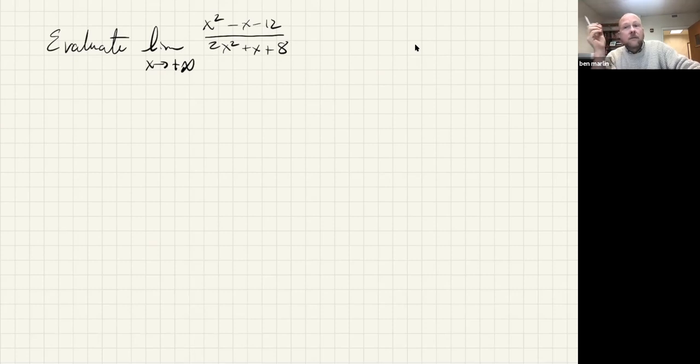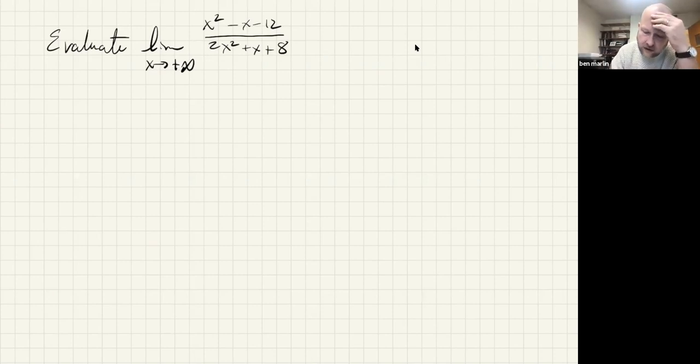I'm trying purposely not to give you whole bunches of different cases to memorize. Instead, if you run into something like this, divide the top and bottom by the largest power of the bottom. That's not ambiguous. It's always the largest power on the bottom.